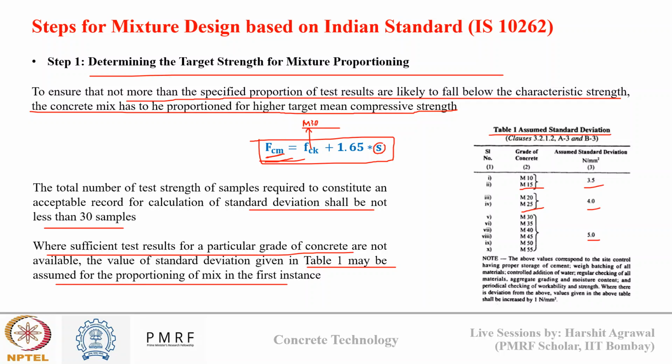So suppose I'm casting an M30 grade concrete, then my fck value is 30 plus 1.65 times standard deviation, which is 5. Okay, so this will be around 38.5. So my target mean strength, that strength for which I'm designing concrete, should be 38.5 MPa.